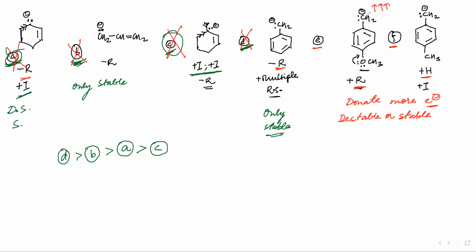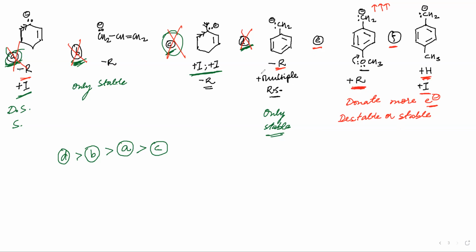If the negative charge increases, is that a stabilizing effect or destabilizing effect? We have to increase the charge or decrease the charge? Destabilizing, correct? So plus R will be destabilizing, and this plus H and plus I will be lesser destabilizing.